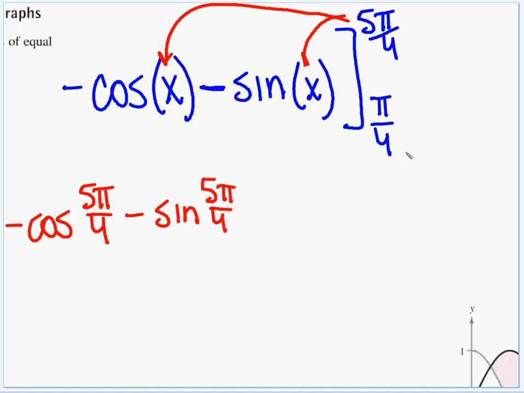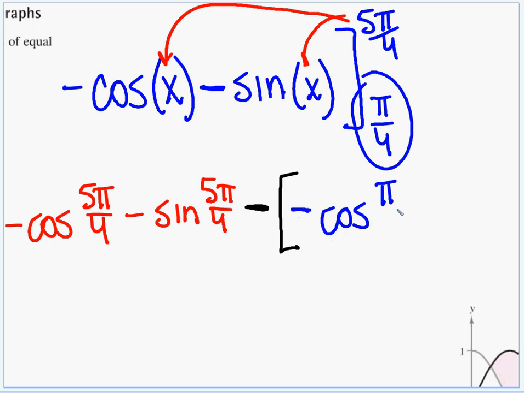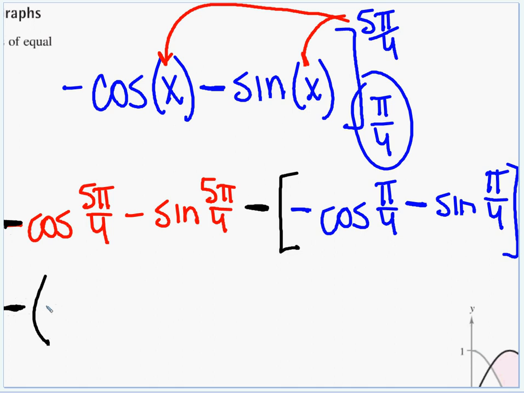And then fundamental theorem says we're going to subtract as a quantity. Now we plug in the same ones with the bottom limit. Quarter pi is going to jump in there. So that's a negative cos quarter pi minus the sine of the same quarter pi. Okay, now we go to the unit circle. So we've got this negative right here. And then the cos at 5/4 pi is a negative root 2 over 2.